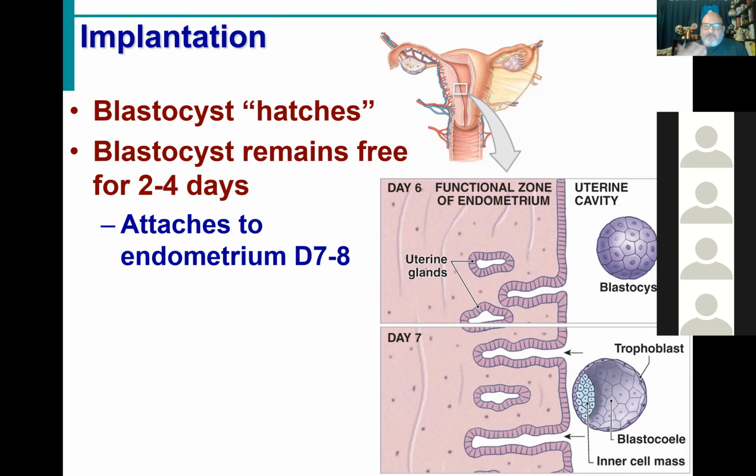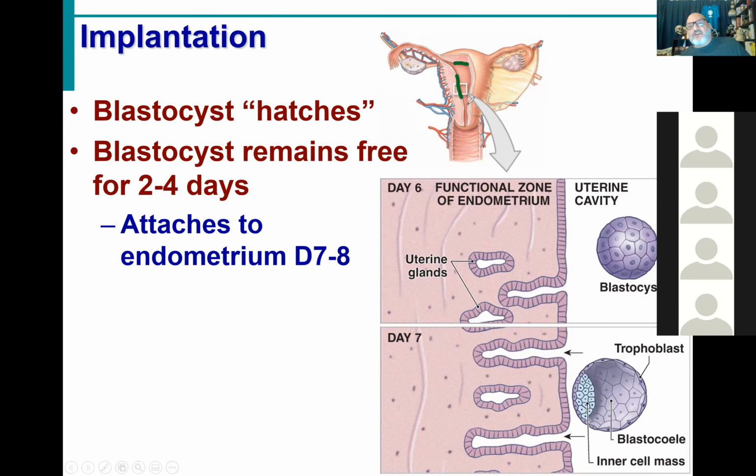But eventually, usually around day 7 or day 8, it will finally attach to the simple columnar epithelial tissue on the outer surface of our functional endometrium. Now, again, notice up here we have our illustration of the uterus. Ideally, implantation will take place in the body or along the fundus of this.